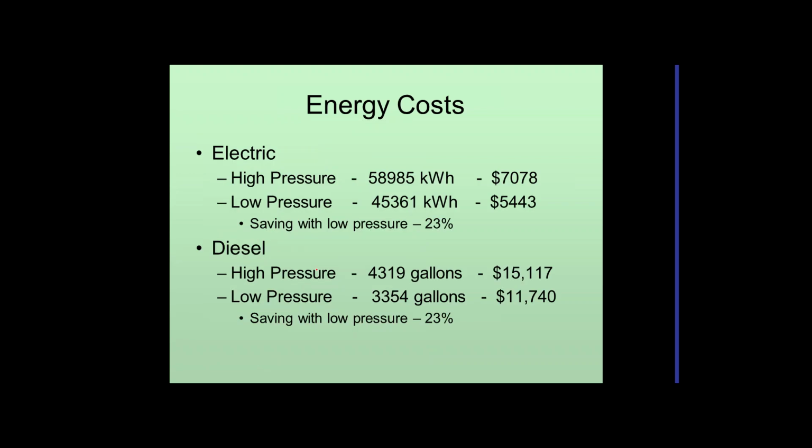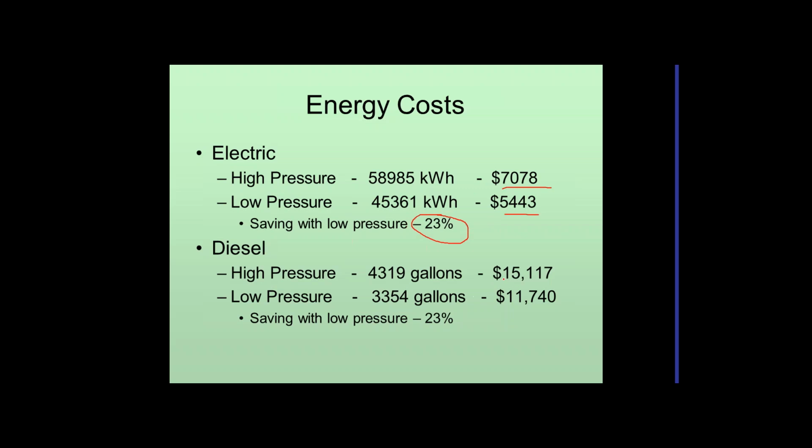So here's the electric cost, just to show you what it would be. For a high pressure versus low pressure system, I'm going to save about 23% in energy costs. But you can see this is going to cost about $7,000 for a high pressure system, about $5,500 for a low pressure system to provide the power to put that water on.